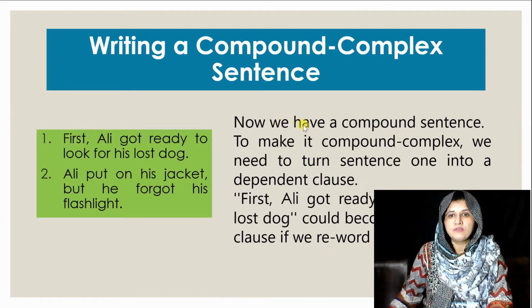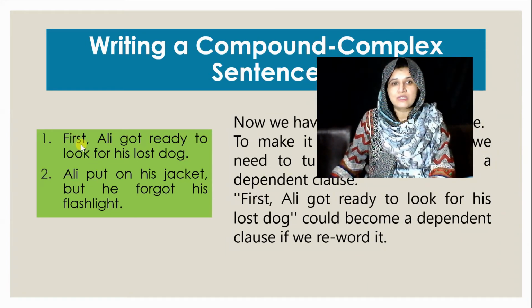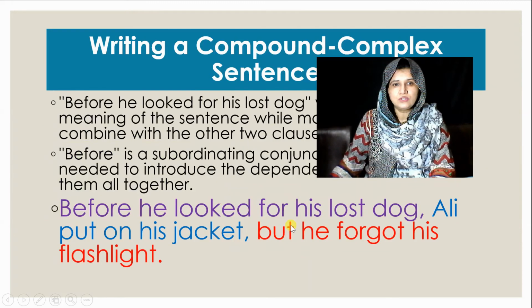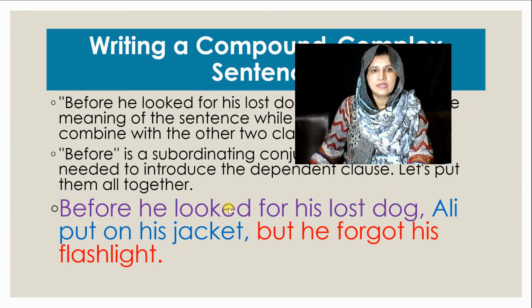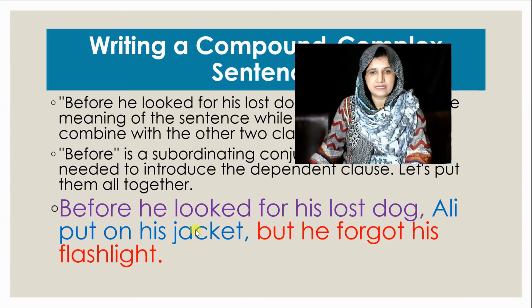Now we have the first 2 sentences as a compound sentence already, right? To make it a compound complex sentence, we need to turn sentence 1 into a dependent clause, as we need to have one dependent clause in a compound complex sentence. So we'll convert this first independent clause into a dependent clause, right? So how can we write it? Before he looked for his lost dog, comma, Ali put on his jacket but he forgot his flashlight.